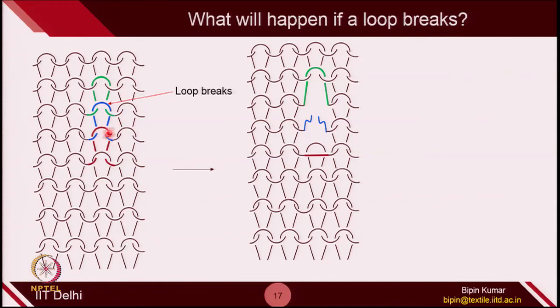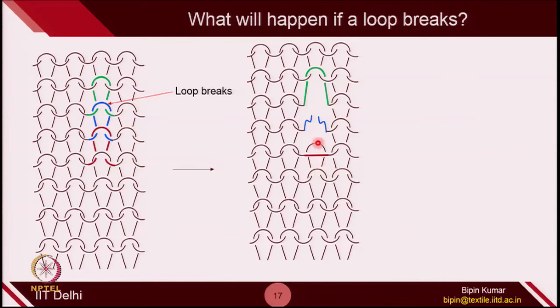Since the loop does not exist, automatically the head of the red one will be free, and if the head of the red one is free, this loop, the red one, will be pulled by the fabric and the segment of the yarn will become straight.